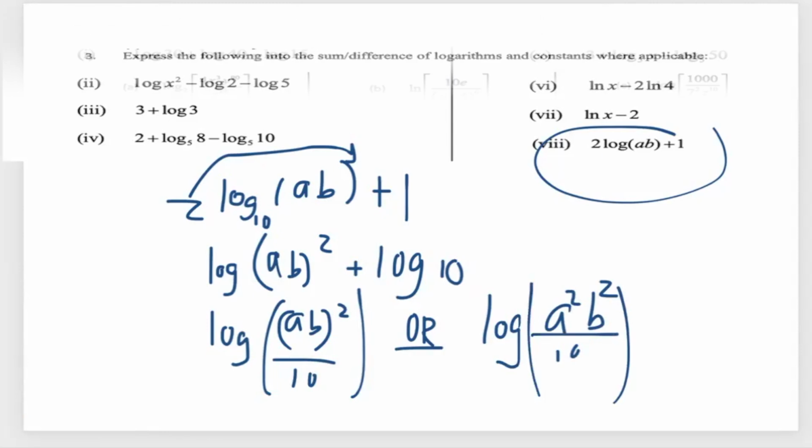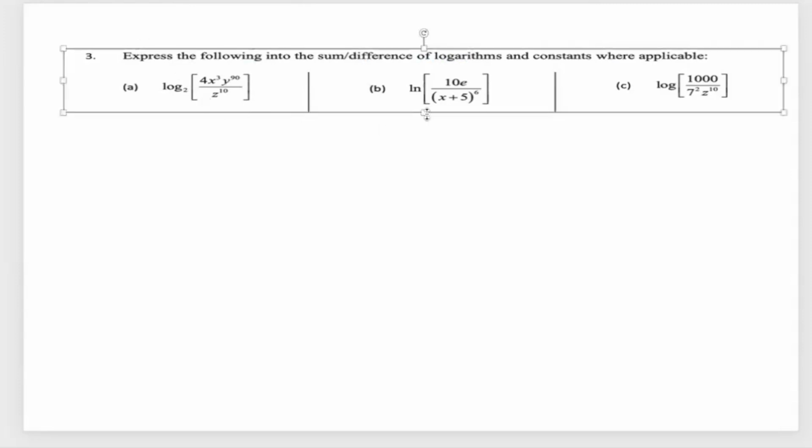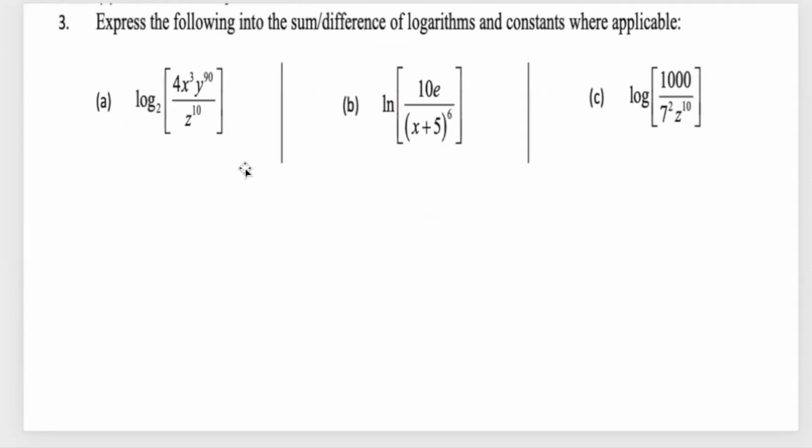And that's it. Now question 3 is asking to express the following into the sum or difference of logarithms, constants where applicable. So let's look at A. So for A, we have log base 2 of 4x cubed y to the 90 over z to the 10. So first thing, I'll split the numerator and the denominator.